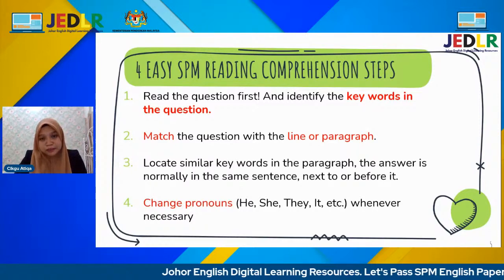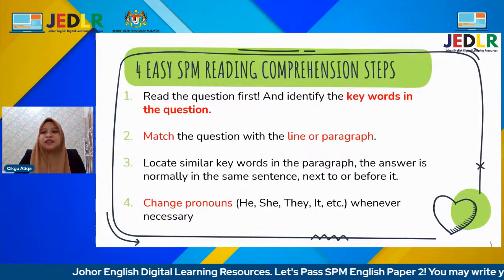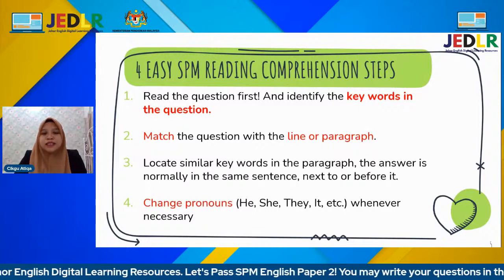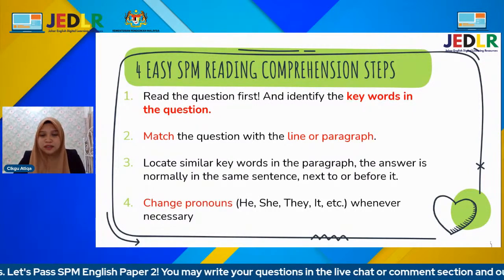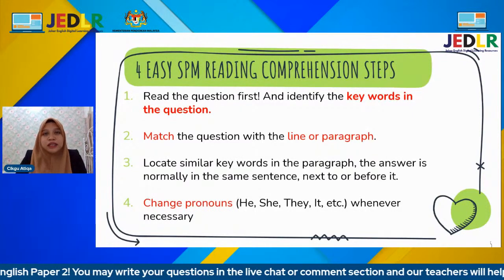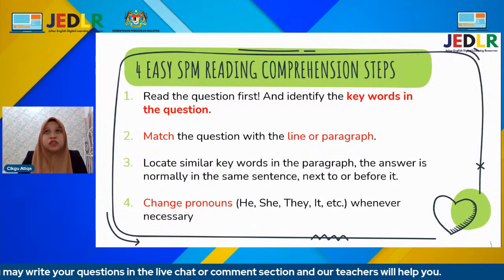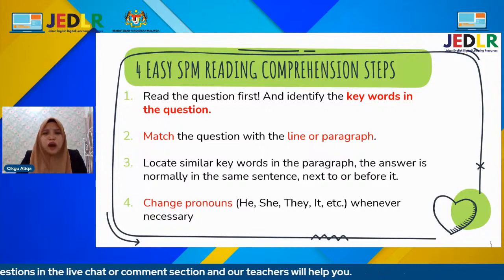Now you can find them in the paragraph. And the answer is always in the same sentence as the keywords, the next sentence, or before it. So you don't have to search for the answer very far. It's going to be very nearby.